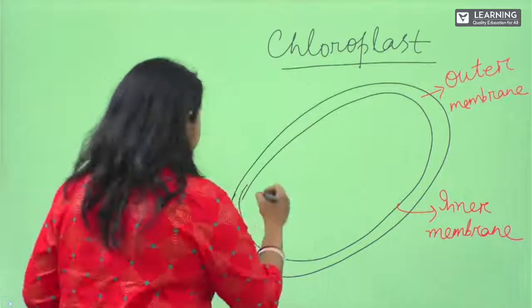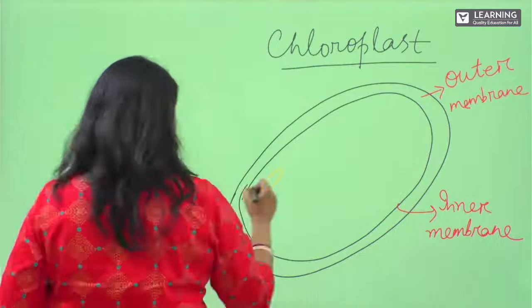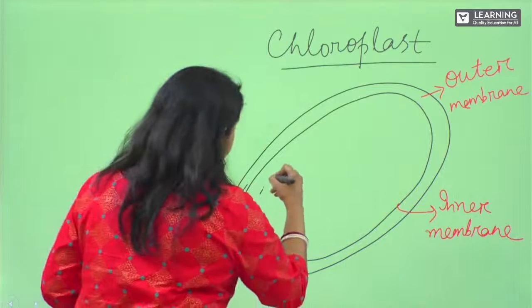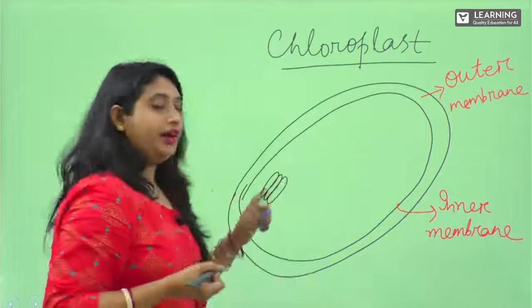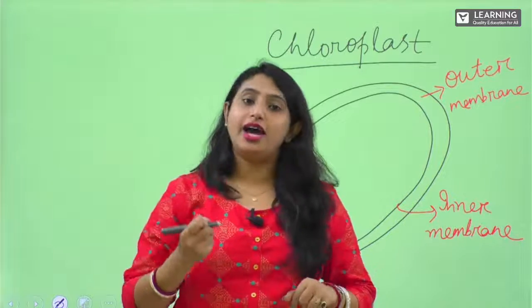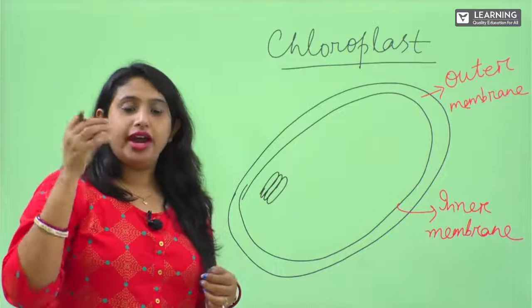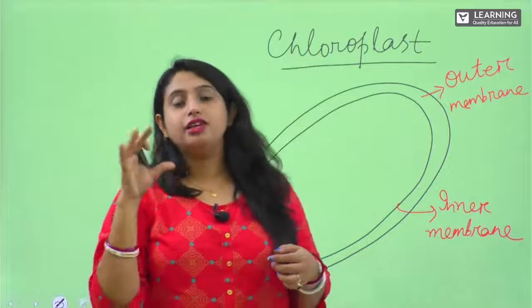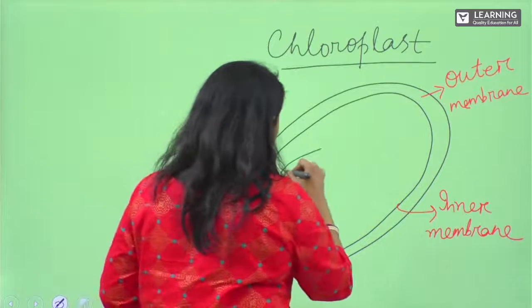The inner membrane has these piles of coil. This grana looks like piles of coil. When you take coils and keep one above the other, that is how it looks. It looks like the grana, the piles of coil, and this is called your thylakoid.